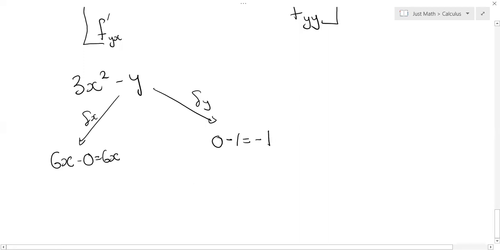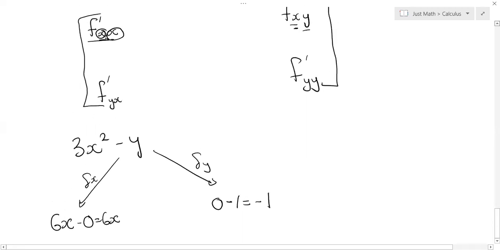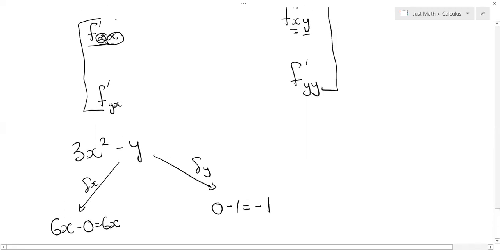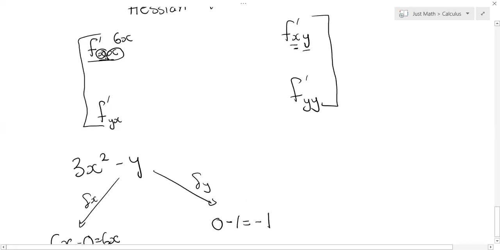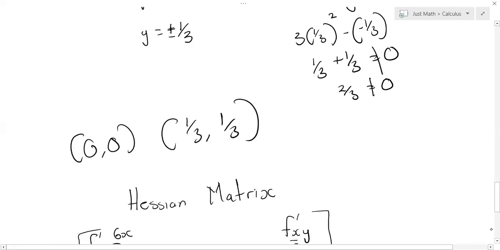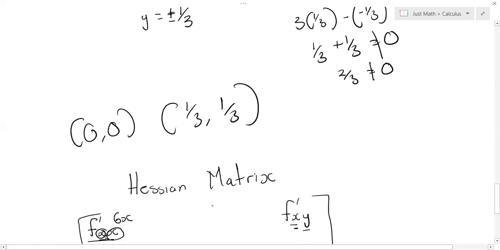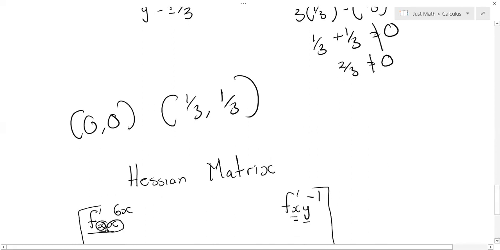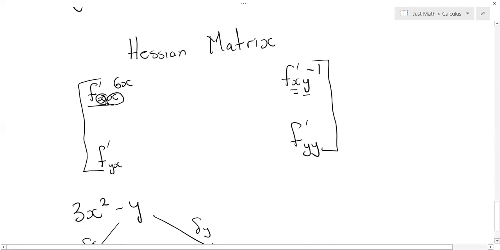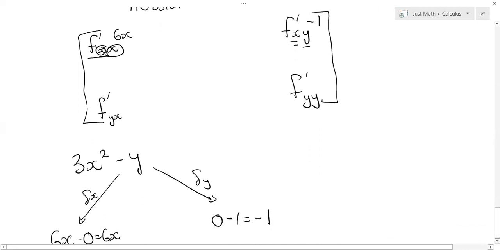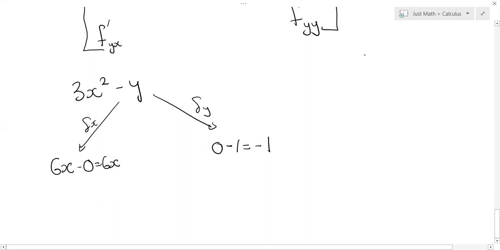So if we go back up, we're going to have 6x and minus 1. Oh, sorry for going too far. I'll still write it in a new matrix, but I just want us to be able to follow.